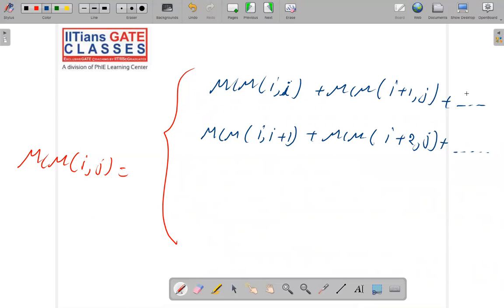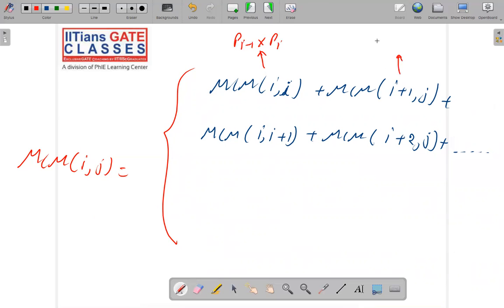Let me try to write the dimension of these matrices. This matrix dimension is P(i-1) Pi.